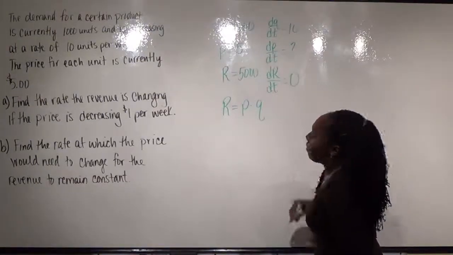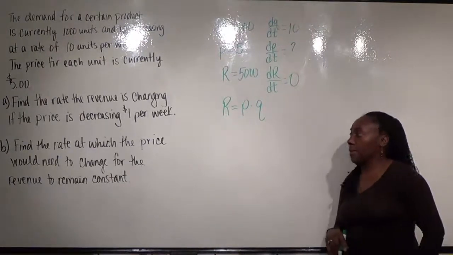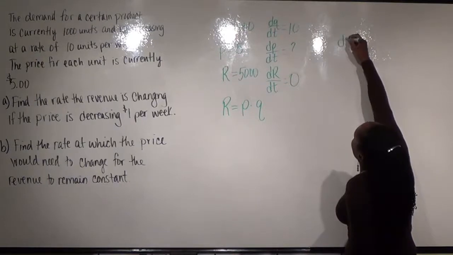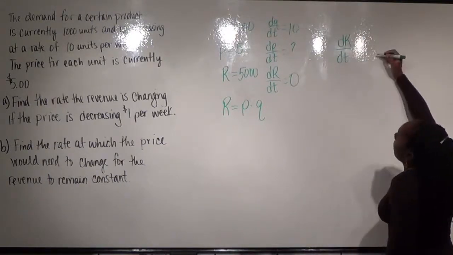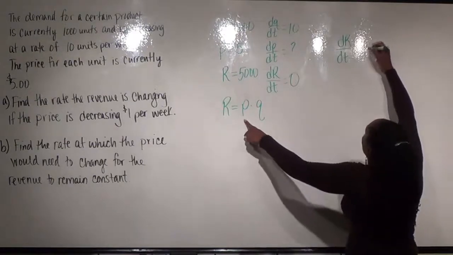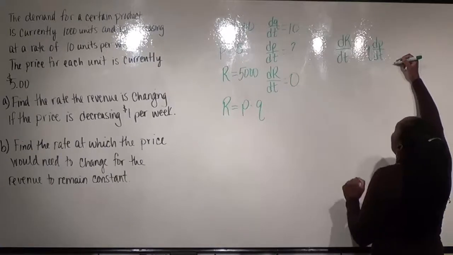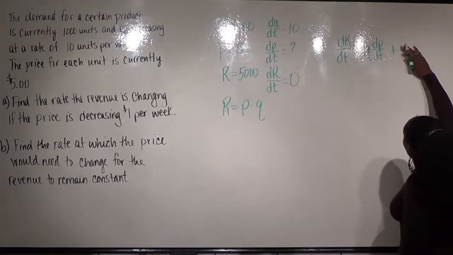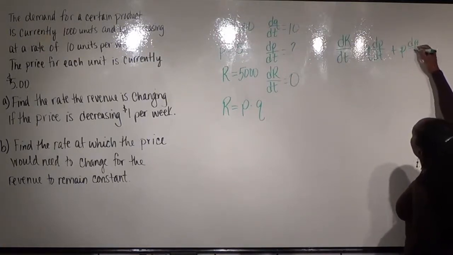So in this case, we want dR/dt to be 0. So again, we'll do the same thing. Taking our derivative implicitly, dR/dt is going to equal derivative of P, which is just dP/dt, times Q, plus P times dQ/dt.